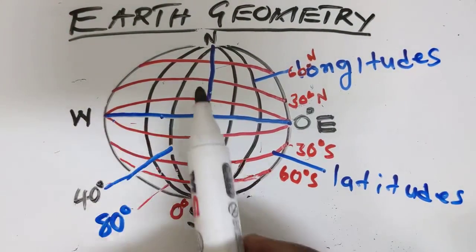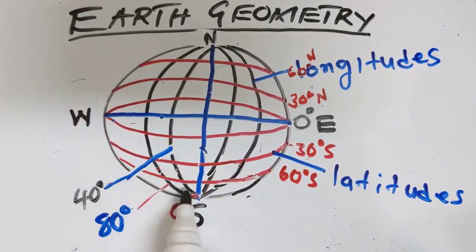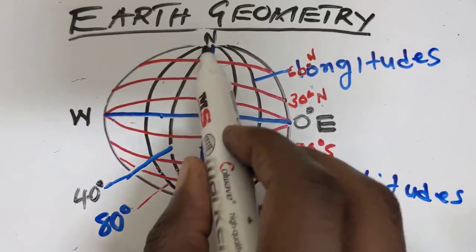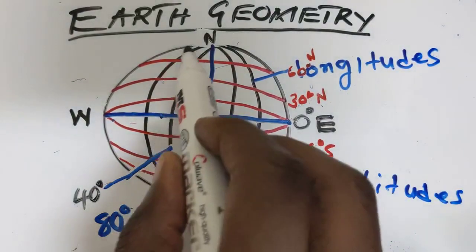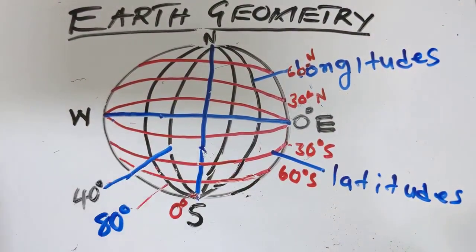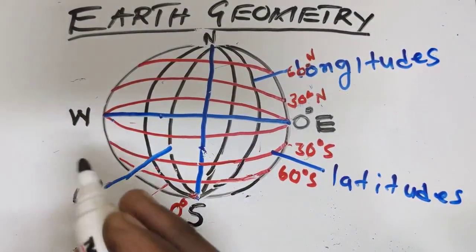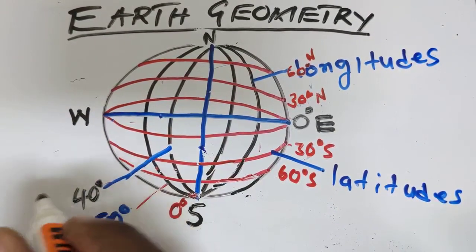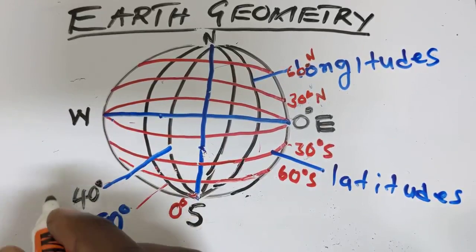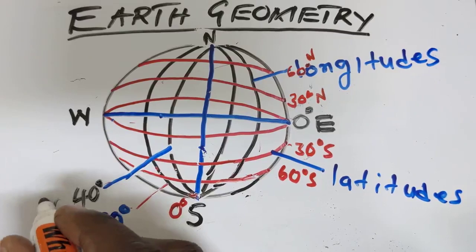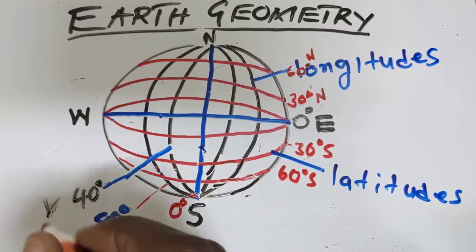So meaning that these are longitudes. Okay, these are longitudes. So this longitude is like this, it is like that, it is like that. All right, so meaning that they are on the earth side. So this is west. Okay, so this is west, like that.